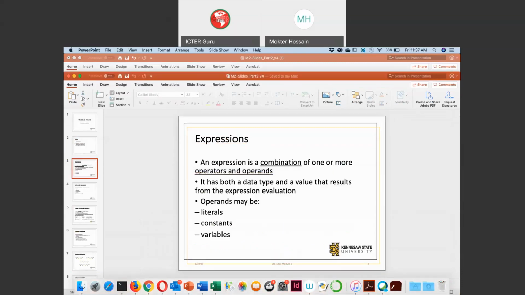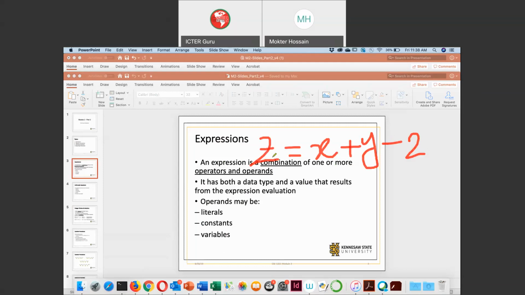Okay. So what is an expression? We know that an expression is a combination of some operators and some operands. So for instance, if I say G equal to X plus Y minus 2, this is a valid expression.